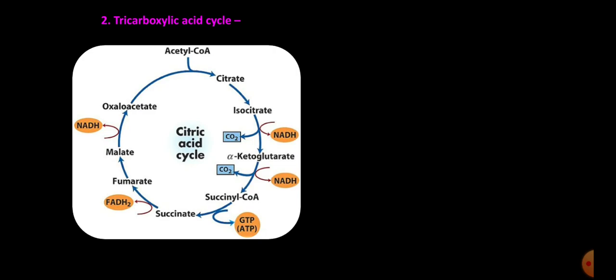Then the second one is tricarboxylic acid cycle. Now actually this diagram I have just shown so that you can understand the whole cycle, but for you at present in 10th standard, there is no need to go into the depth of this cycle because this is the complete tricarboxylic acid cycle, but in your syllabus it is just superficial.